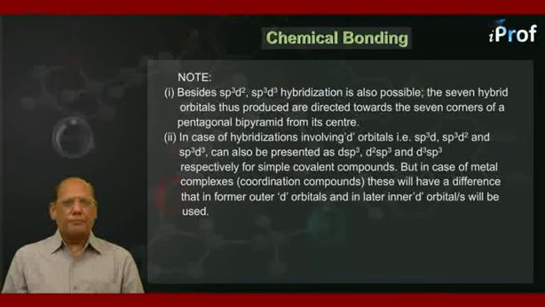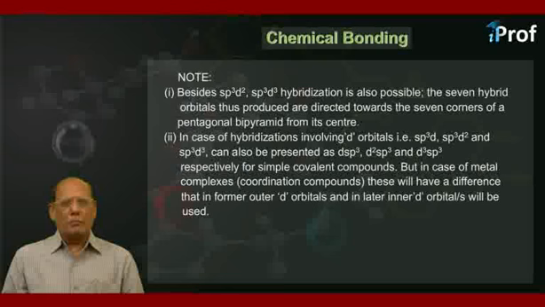Second point is, hybridization involving d orbitals, that is sp3d, sp3d2 and sp3d3, can also be presented as dsp3, d2sp3 and d3sp3 respectively, for simple covalent compounds, of course.